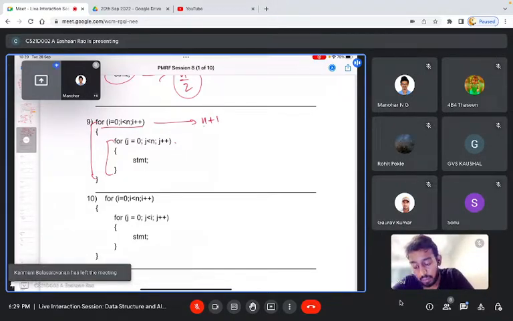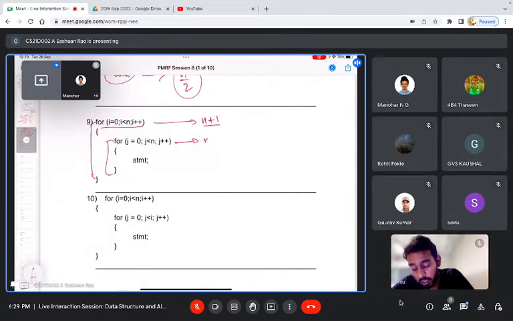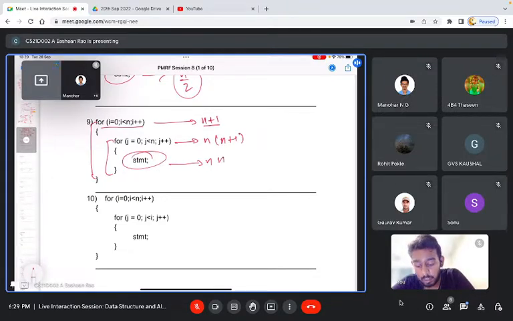If the outer loop is for n plus 1 times, the inner loop will run for n times. Similarly the statement: when you come to the jth loop, it will run for n plus 1 times, but the statement, which is our main area of interest, runs for n times. So if we combine them and compute, we will find that its order is n square, as we have seen in the earlier example.